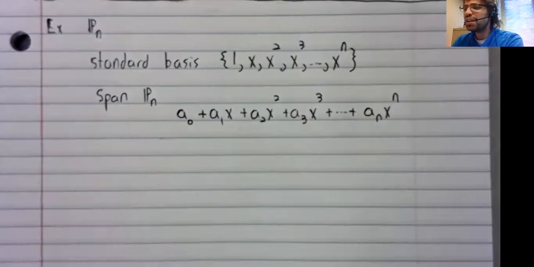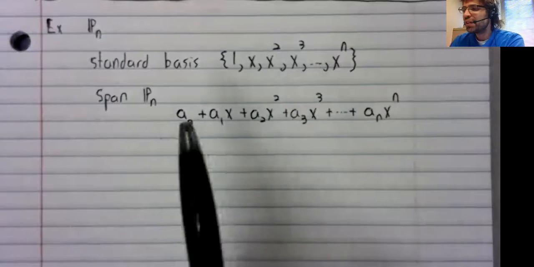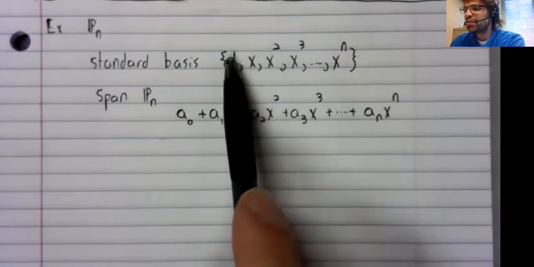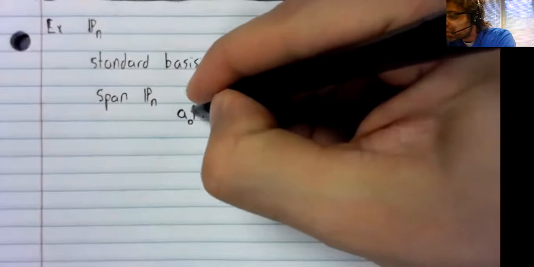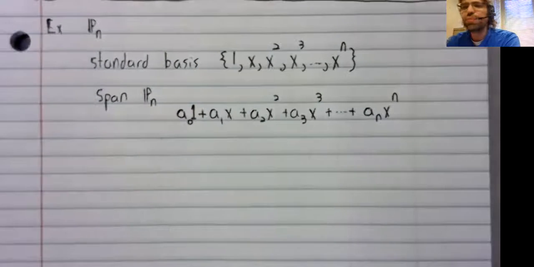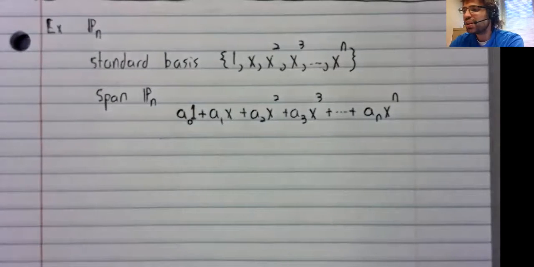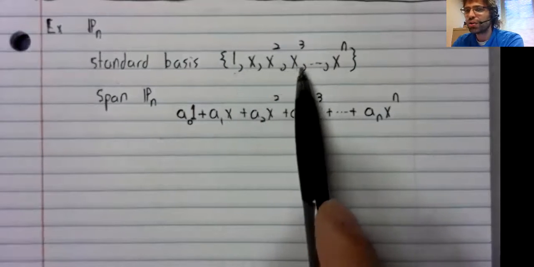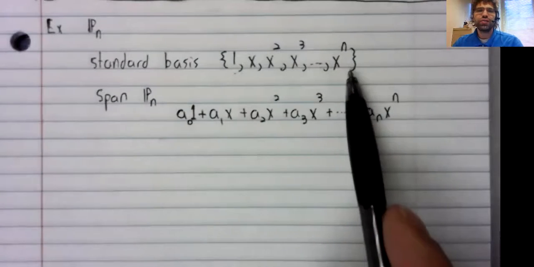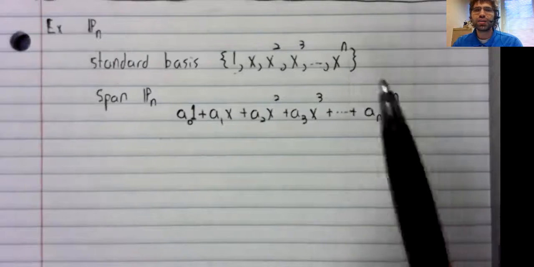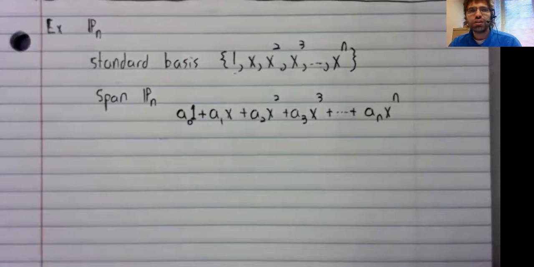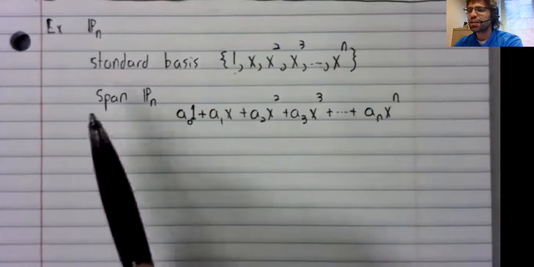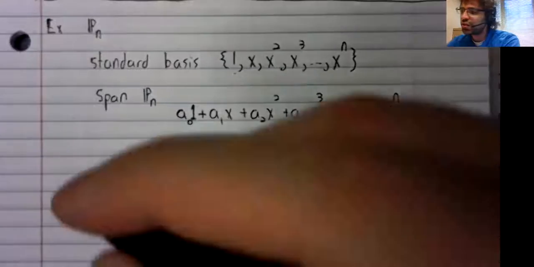But be that as it may, this is a linear combination of these vectors. So check on this.